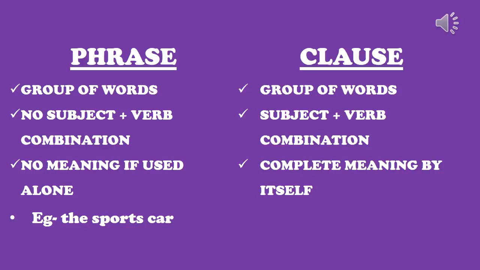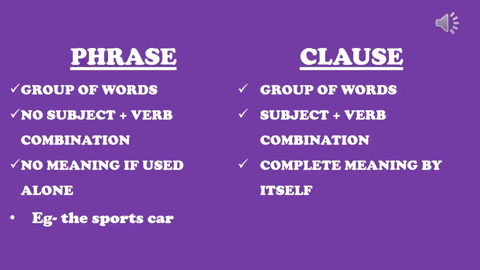There is no subject verb combination, and it has no meaning if used alone. As opposed to that, we have a clause, which is a group of words. It has a subject verb combination and has a complete meaning by itself.